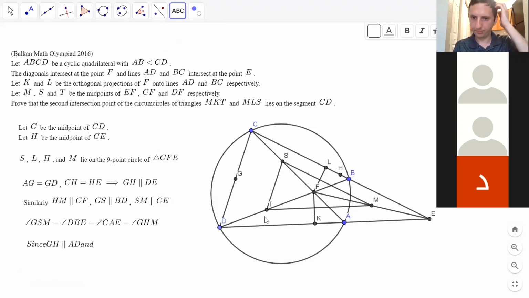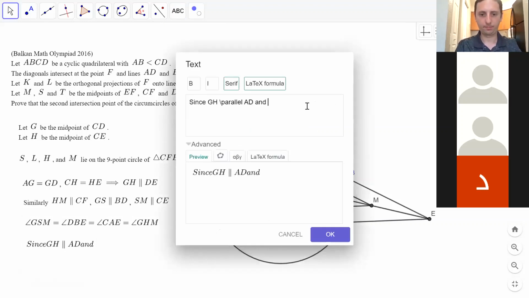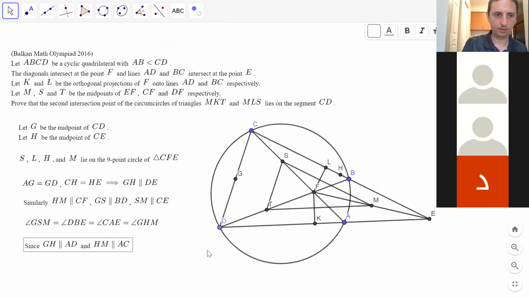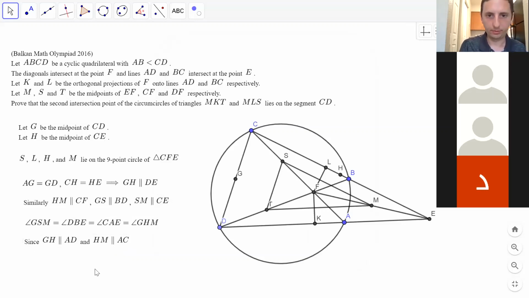And HM is parallel to AC. A lot of parallels here, but it works. Okay, so that means GSLHM is cyclic.